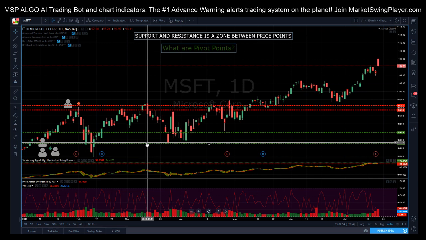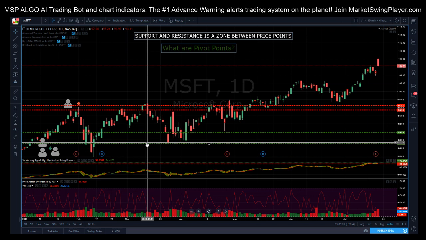Now we're going to discuss what pivot points are. Pivot points are significant levels that are used to determine the potential movement of a stock near a support or resistance level, near the highs or lows.